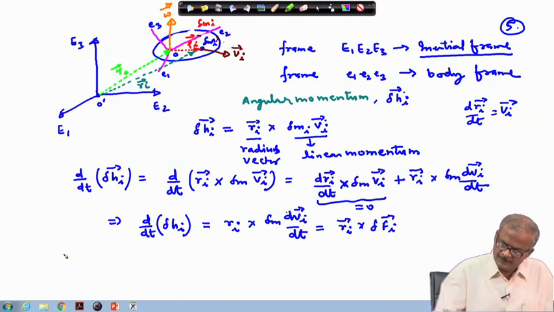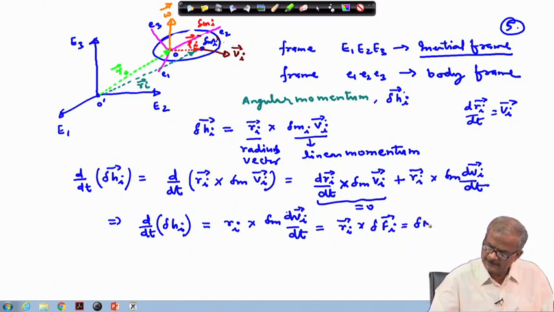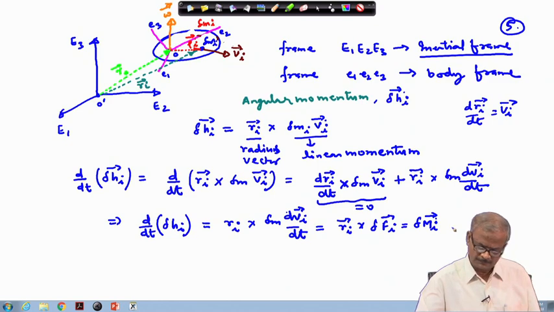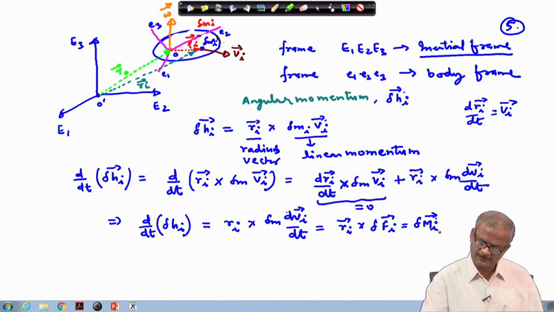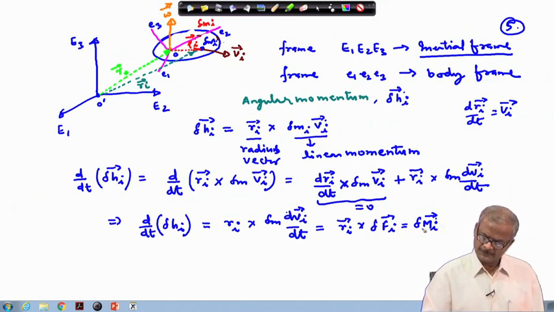So, what we get from this place, we write as delta M i, where M i stands for the torque. You can use some other notation also, but this is okay.